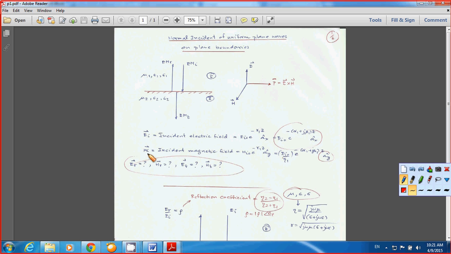Same thing for Hi, I have the incident magnetic field equal to Hi0 exponential negative gamma 1 z, and it has only the y component. And as you know, the relation between E and H, as I mentioned earlier, is simply equal to the intrinsic impedance of the medium.